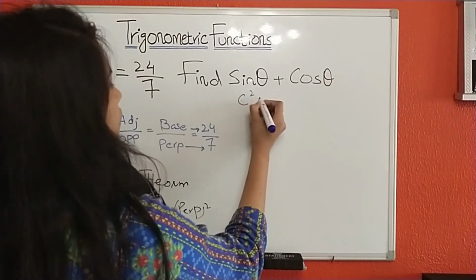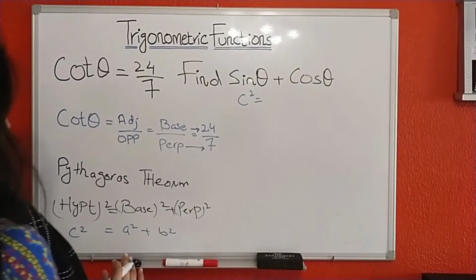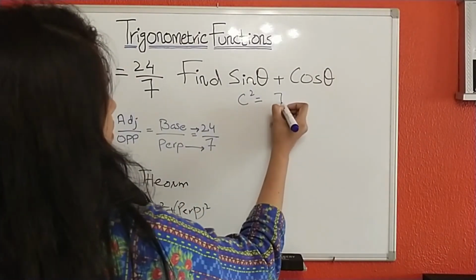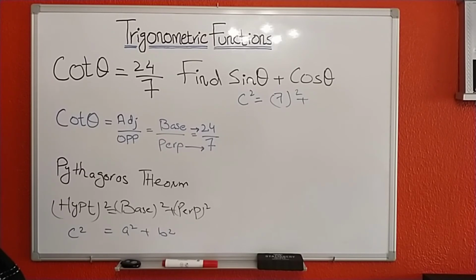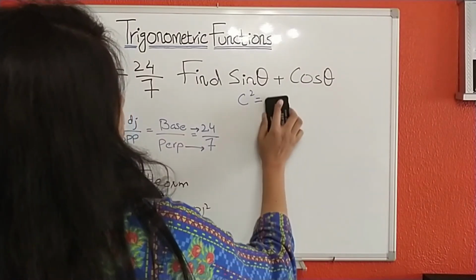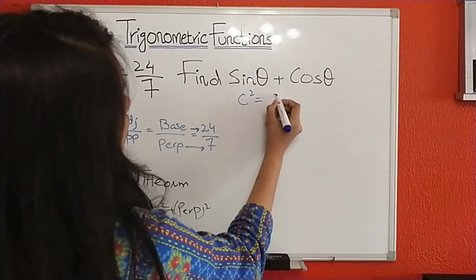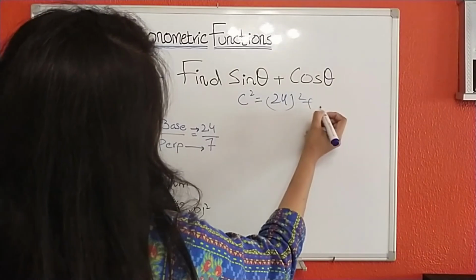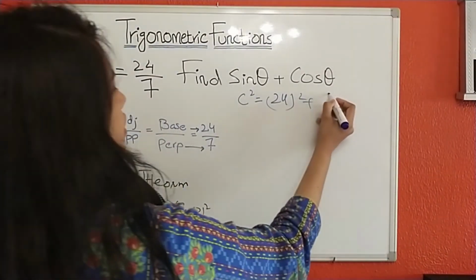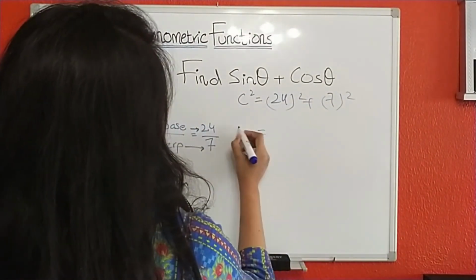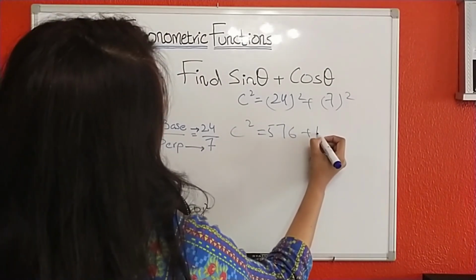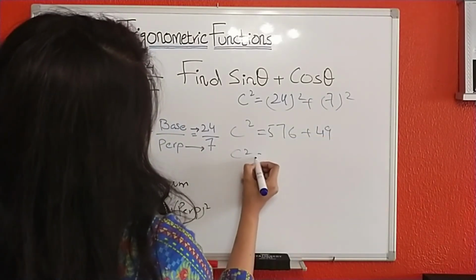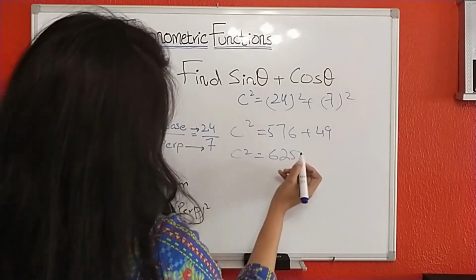As we have to find the value of C, so C square is equal to 24 square plus 7 square. So square of 24 is 576 plus square of 7 is 49, and after adding it will become 625.